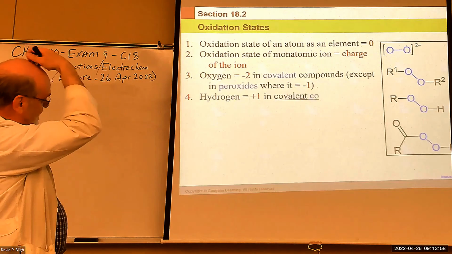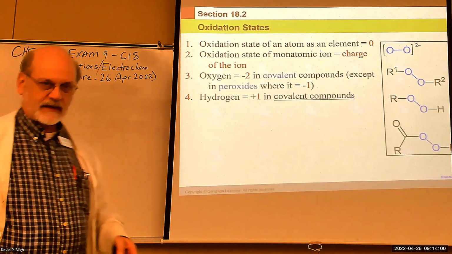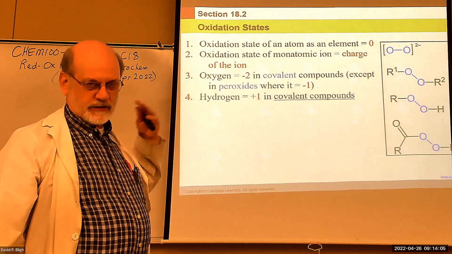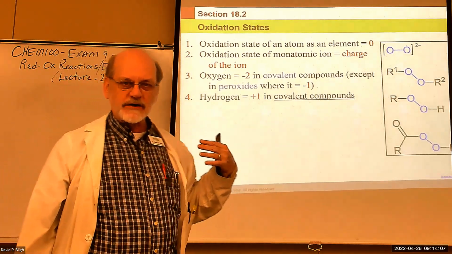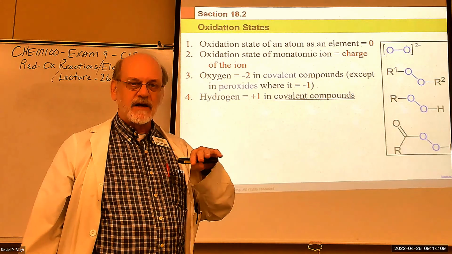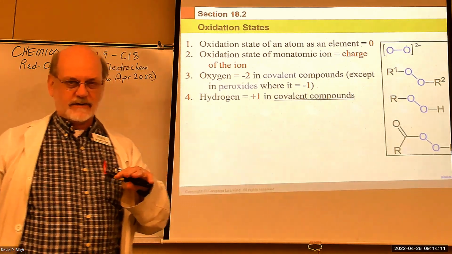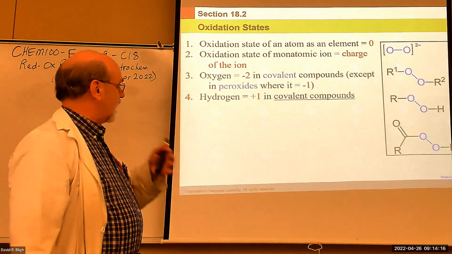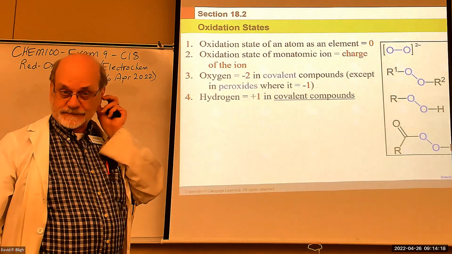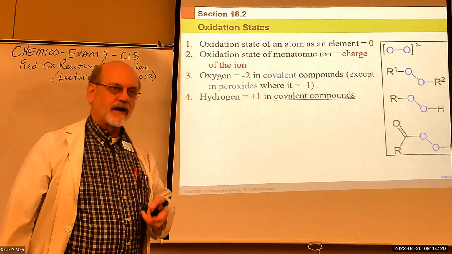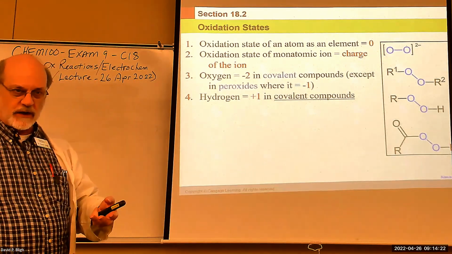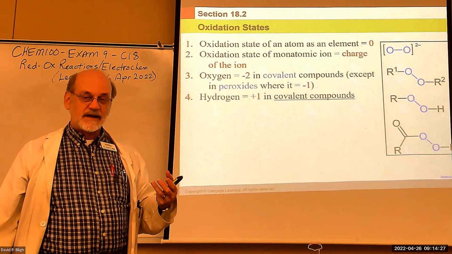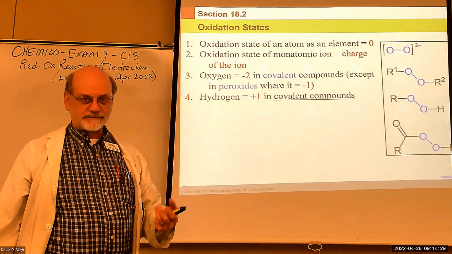All right. Hydrogen. We deduced hydrogen for water. But if hydrogen is in any covalent compound, that is, it's bound to any other non-metal, it will be a +1 oxidation state. Oxidation state for hydrogen is +1. If hydrogen is bound to a metal, then it will be a -1.